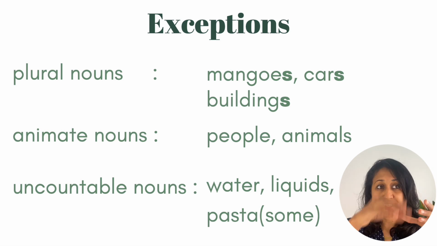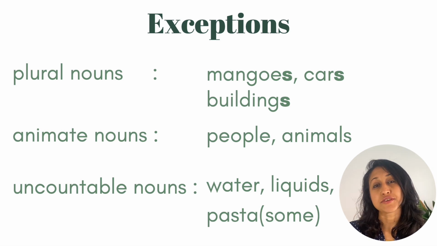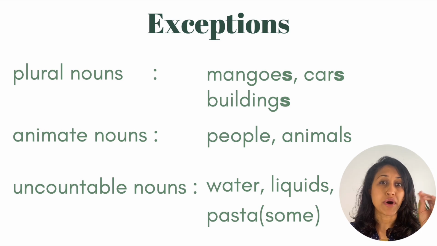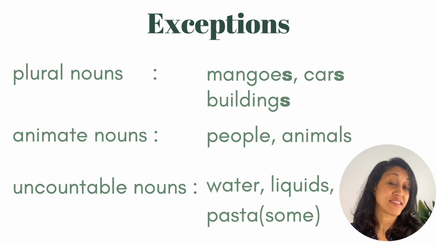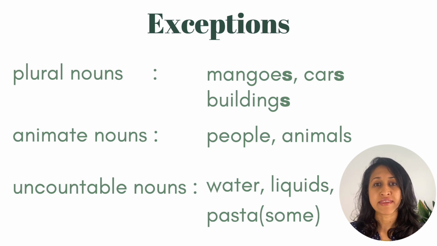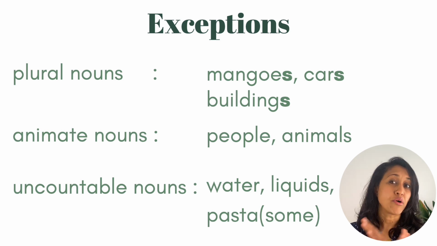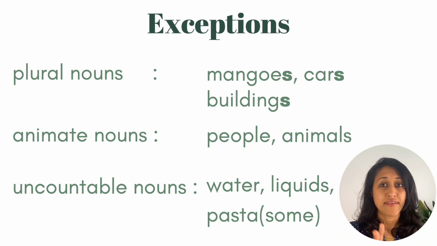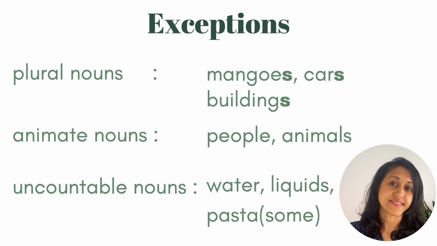Pasta, it's impractical to count pasta, so we wouldn't count 1 pasta, 2 pasta, 3 pasta, and therefore it's uncountable. With these kinds of uncountable nouns, we don't want to use the word eka or ekak. We'll just use that noun in the Sinhala sentence.